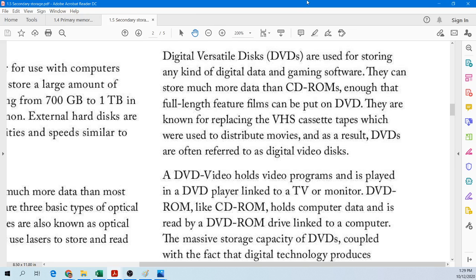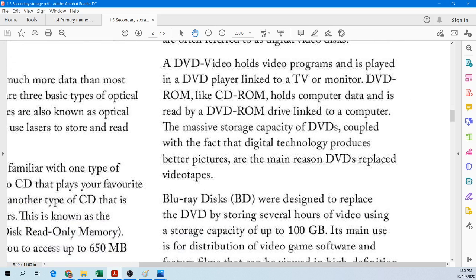Digital versatile discs, or DVDs, are used for storing any kind of digital data and gaming software. They can store much more data than CD-ROMs, enough that full-length feature films can be put on DVD. They're known for replacing the VHS cassette tape, which was used to distribute movies, and as a result, DVDs are often referred to as digital video discs. A DVD-Video holds video programs and is played in a DVD player linked to a TV or monitor.